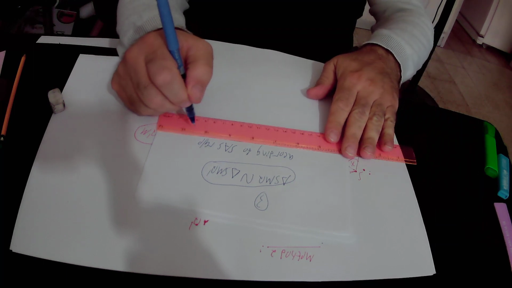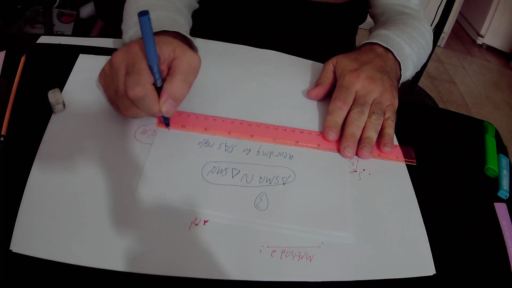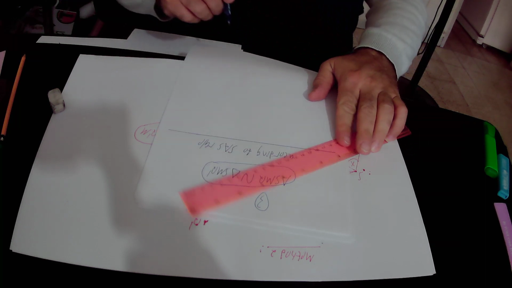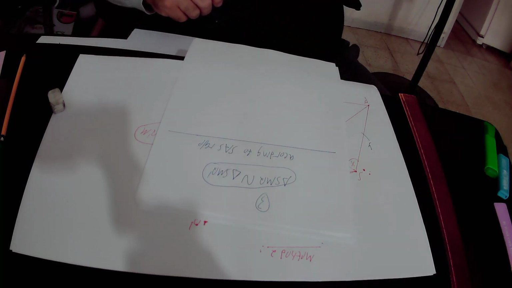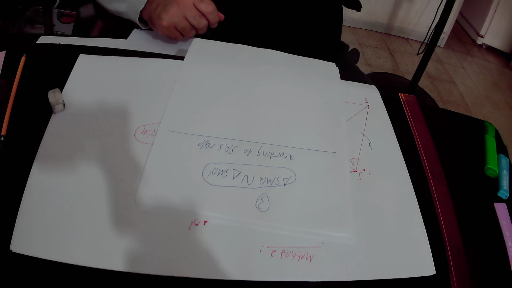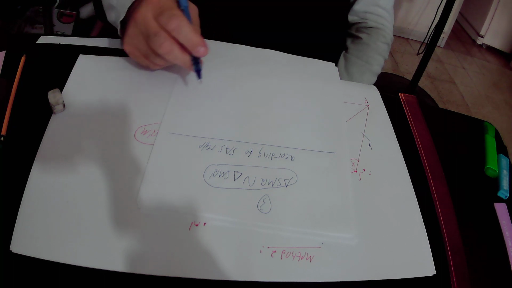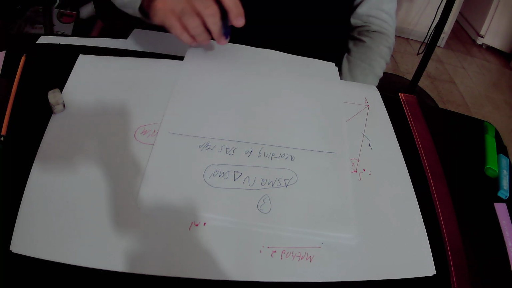So what is actually the side angle side rule? If you prove that one triangle has two sides and the angle between them that are correspondingly equal to two sides and the angle between them of the other triangle, then you actually proved that those two triangles can go into each other according to the side angle side rule.